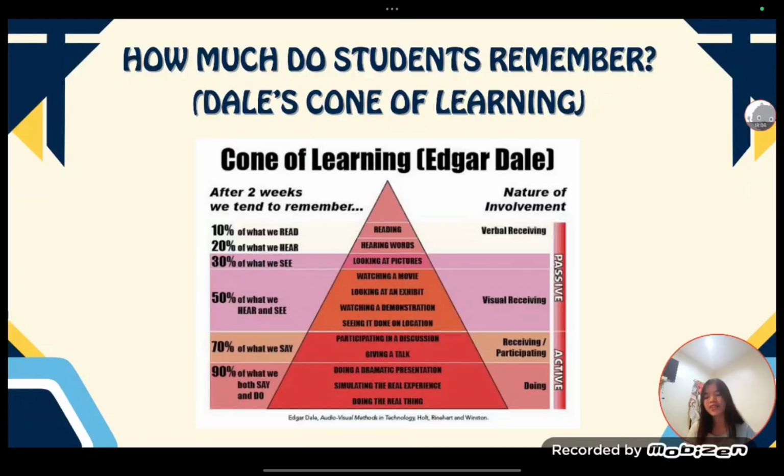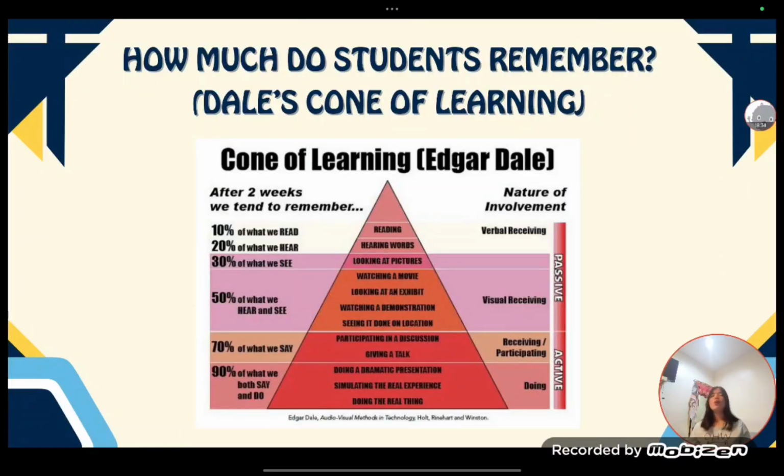So sa 70% naman is what we say. Ito yung mga sinasabi natin. So participating in a discussion or giving a talk. So we tend to learn through saying, diba?